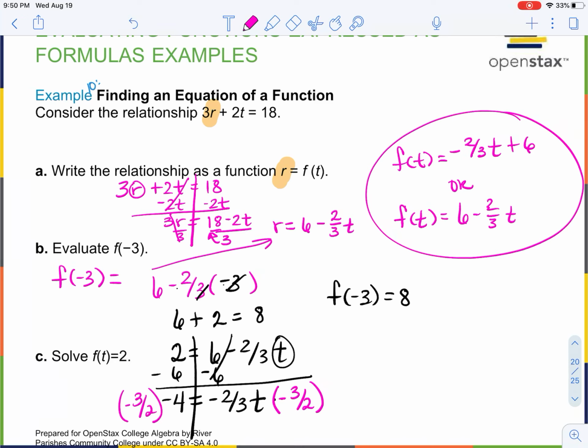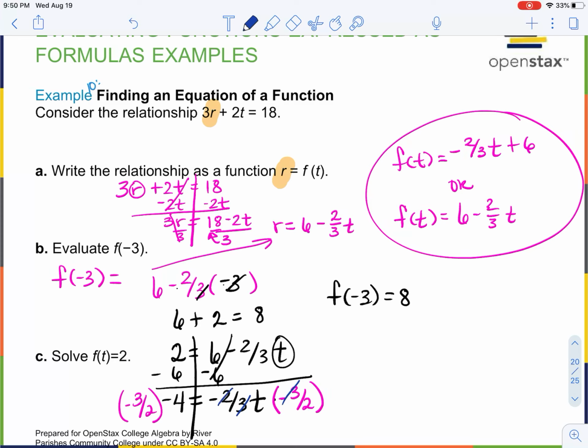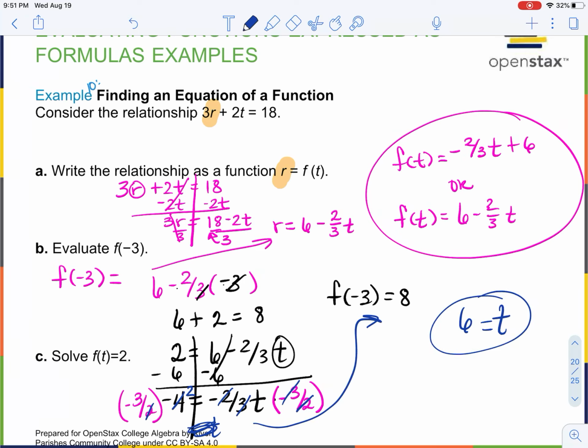And what you do to one side, you do the other. And then on the left-hand side, the 3 and the 2's cancel and just leaves t. I'm running out of space, so I'm going to write it over here. And then on the right-hand side, -3 times -4 is positive 12 divided by 2 is 6. You can also say 2 goes into 4 twice, and 2 times 3 is 6. Either way, we get 6.